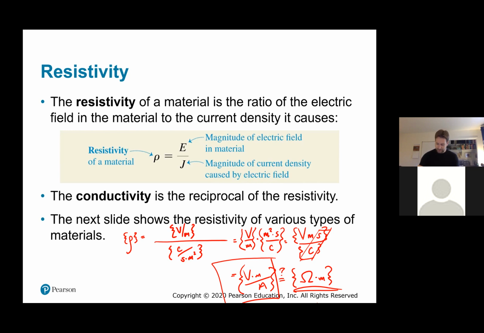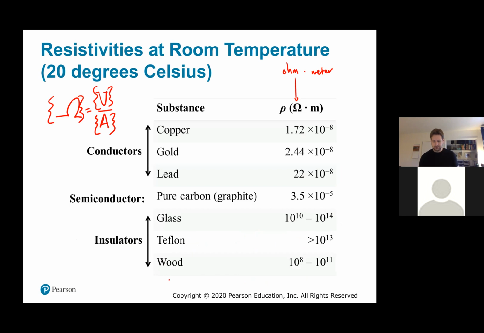That's a cool interpretation. This is a slide about rho, and I'm just going to write over the text here. Volts is energy per unit charge.